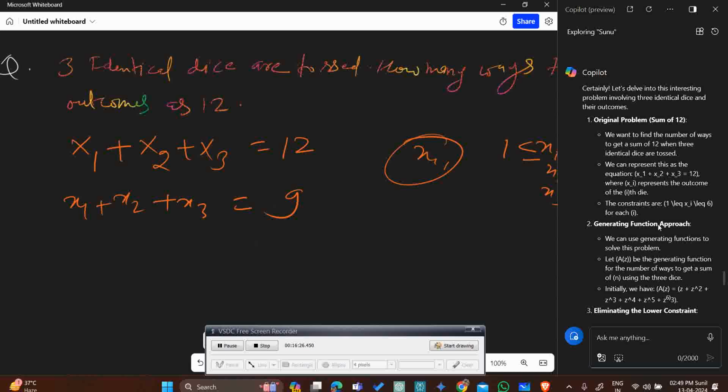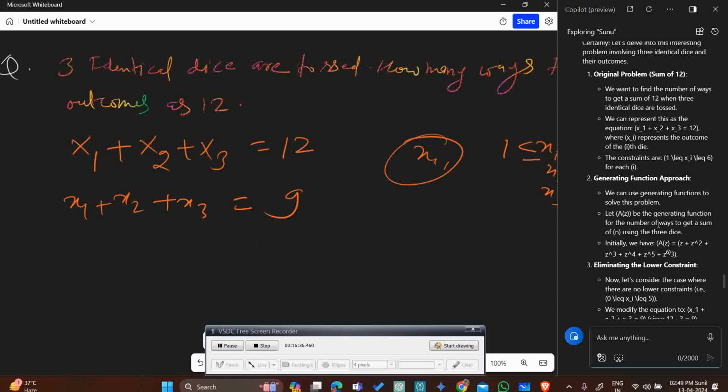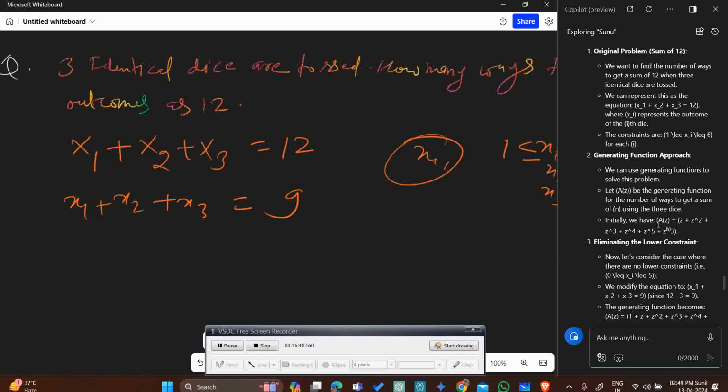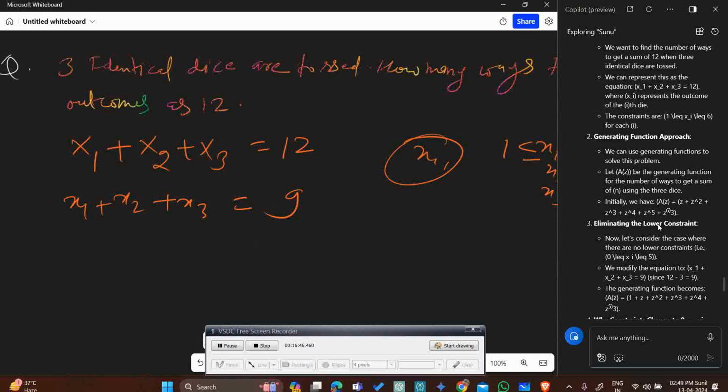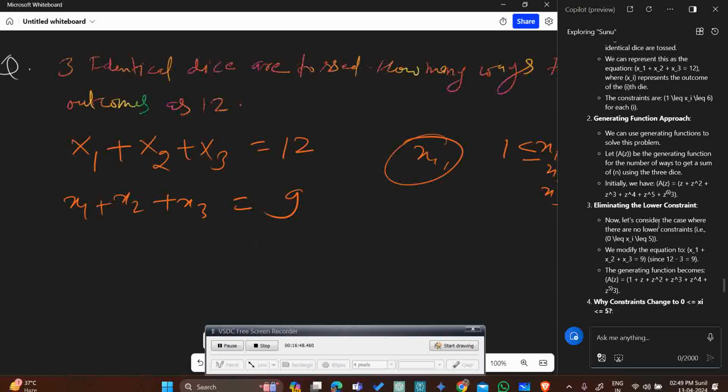Constraints are 1 is less than or equal to xi is less than or equal to 6 for each i. Generating function approach. We can use a generating function to solve this problem. Let A(z) be the generating function for the number of ways to get a sum of n using the three dice. Basically, we have z plus z square plus z3 plus z4 plus z5 plus z6.